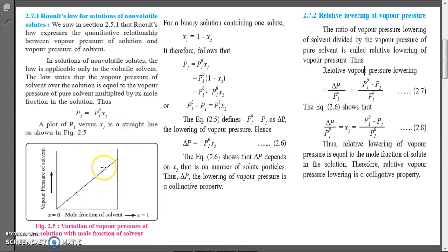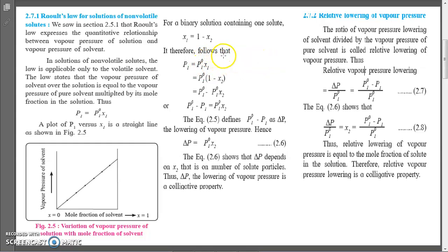And this is the graph for the variation of the vapor pressure of the solution with the mole fraction of the solvent: vapor pressure of the solvent against the mole fraction of the solvent. For a binary solution containing one solute, we know that X1 plus X2 is equal to 1, so X1 is equal to 1 minus X2.